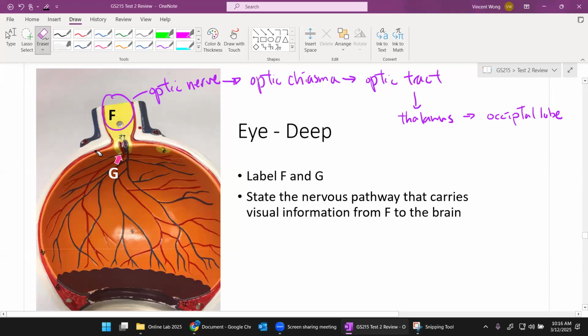Where the optic nerve is exiting, you're going to have no photoreceptor. So that's the blind spot, aka optic disc. Of course, all this stuff right here is part of the retina.